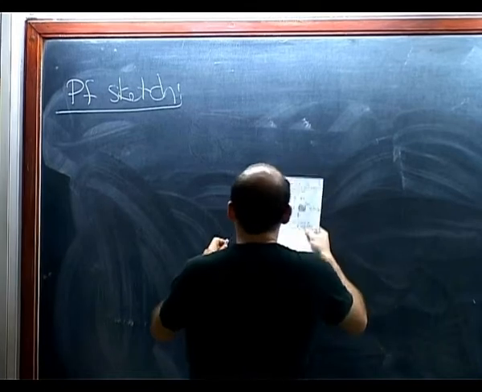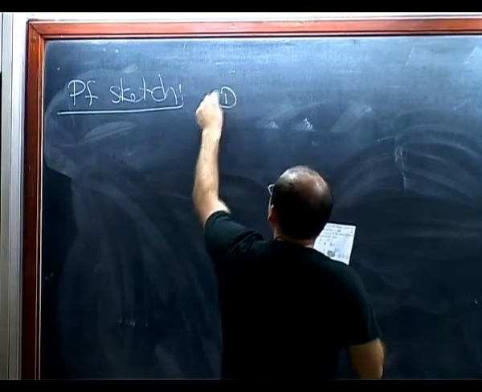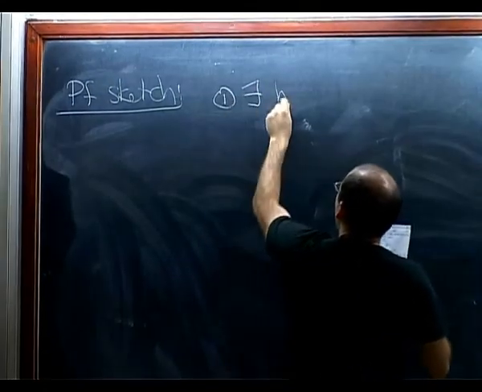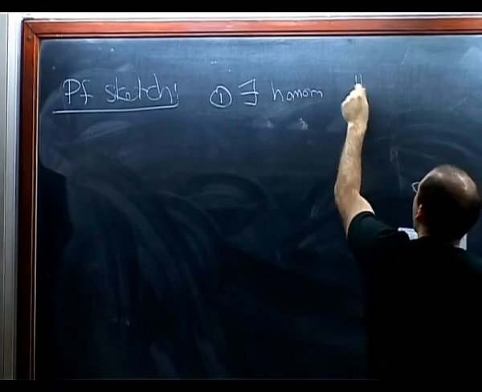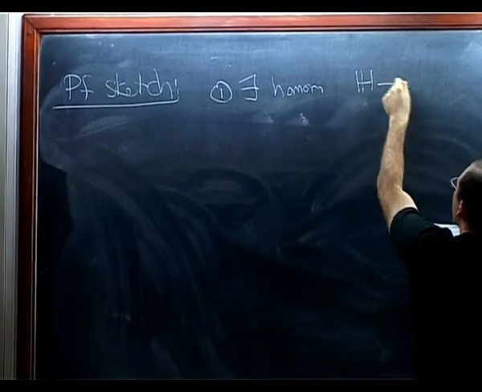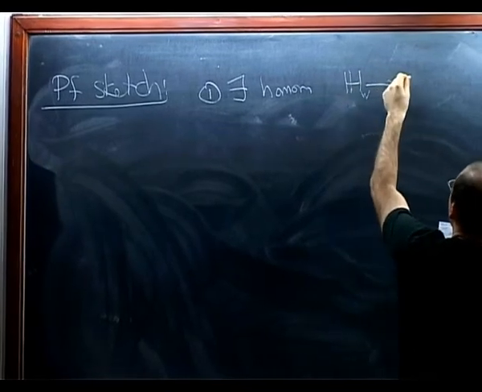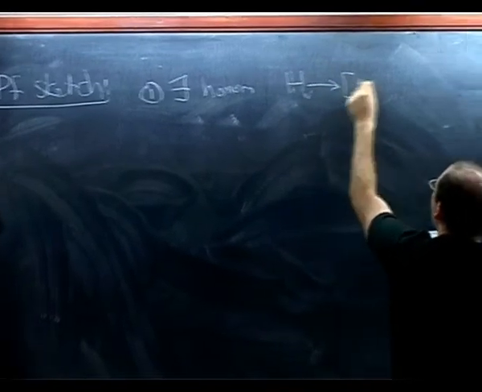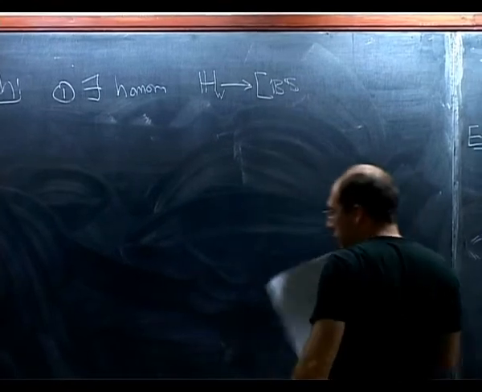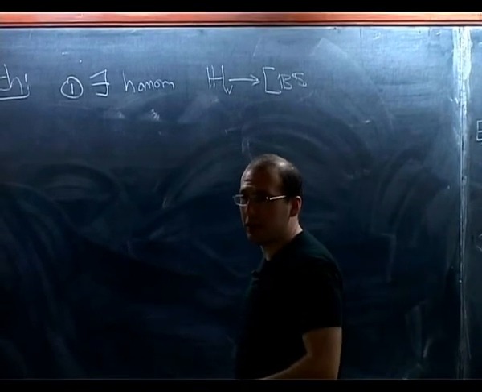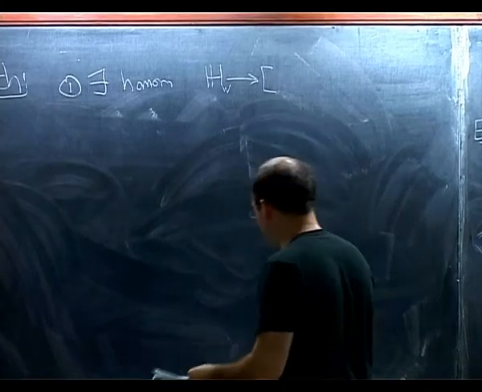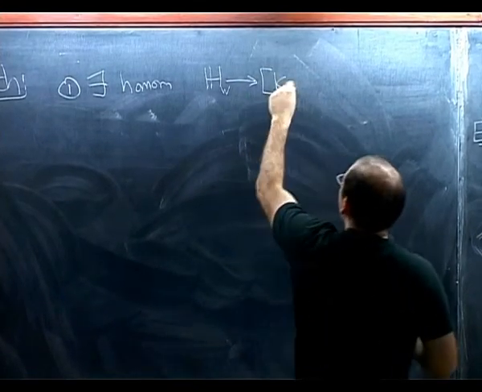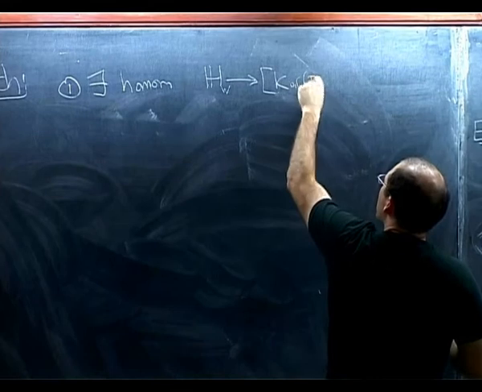Okay, so step one is that there exists a homomorphism from the Hecke algebra of W to the Grothendieck group of, well, you should never talk about the Grothendieck group of a category unless it's Karoubian. So the Grothendieck group of the Karoubian envelope of Soergel bimodules.